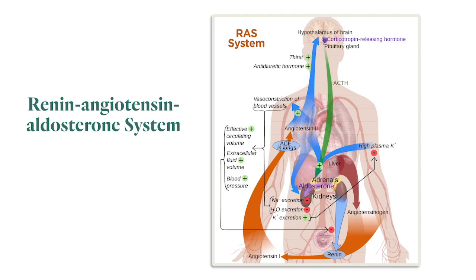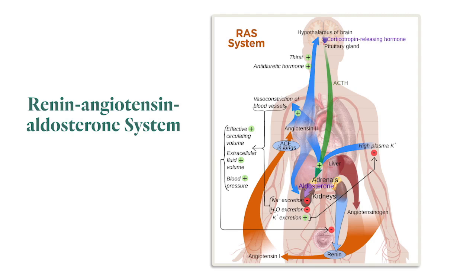Angiotensin 1 is converted by angiotensin 1 converting enzyme, or ACE, into angiotensin 2, which is the final active compound of the system. Its activities include vasoconstriction, or tightening of the blood vessels to increase blood pressure, and increased water and sodium reabsorption rates within the kidney to aid in fluid retention.